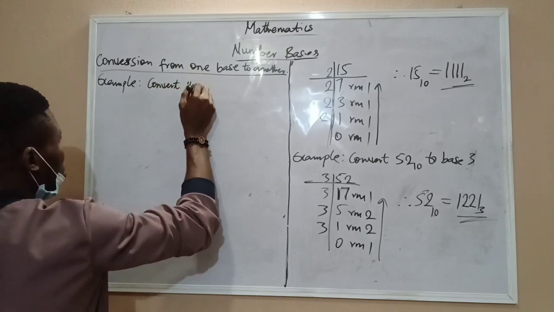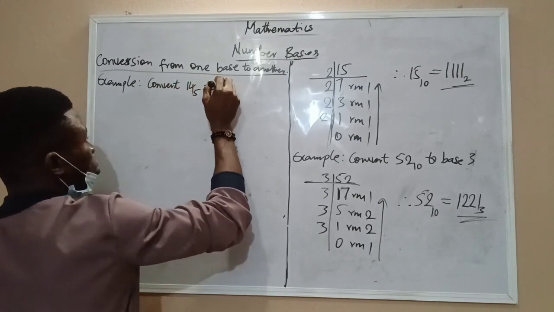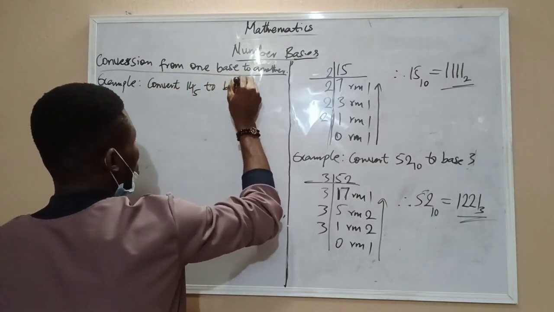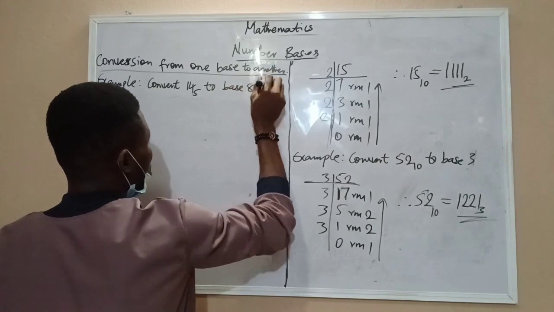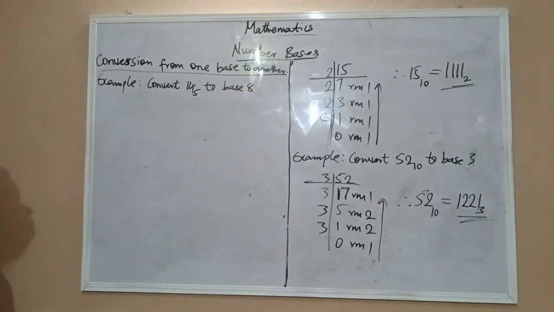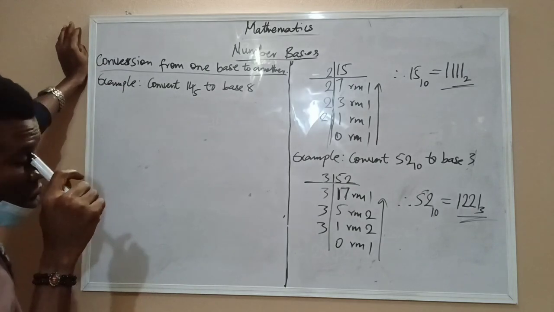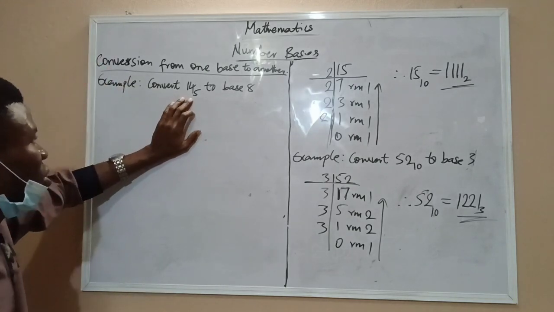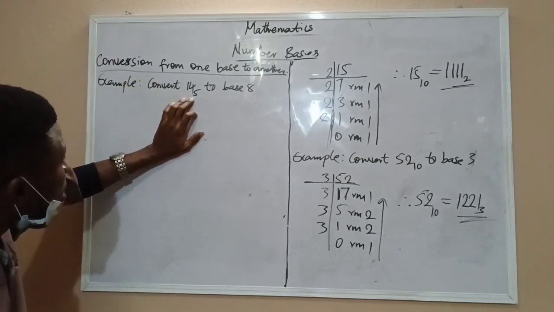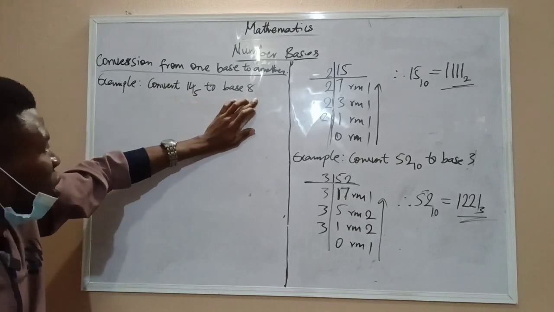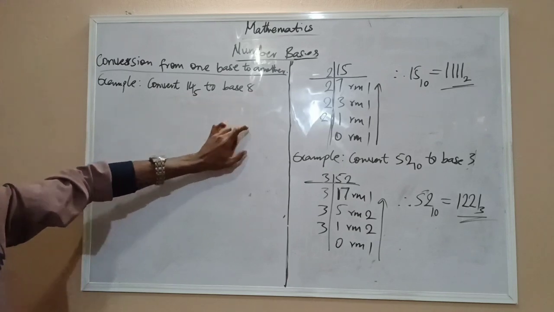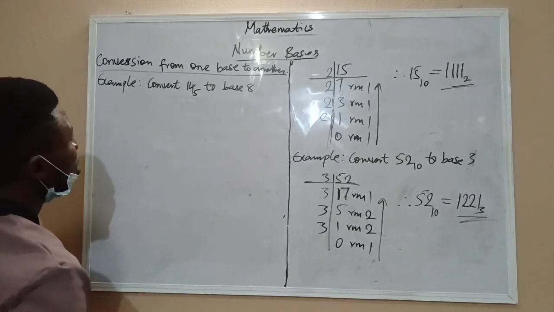Convert 14 base 5 to base 8. Now the way to do this one is, anything that has to do with conversion from one base to another, which is not base 10, you just convert this one first to base 10, and then from base 10 you convert it to base 8. So first of all, you convert this one to base 10.